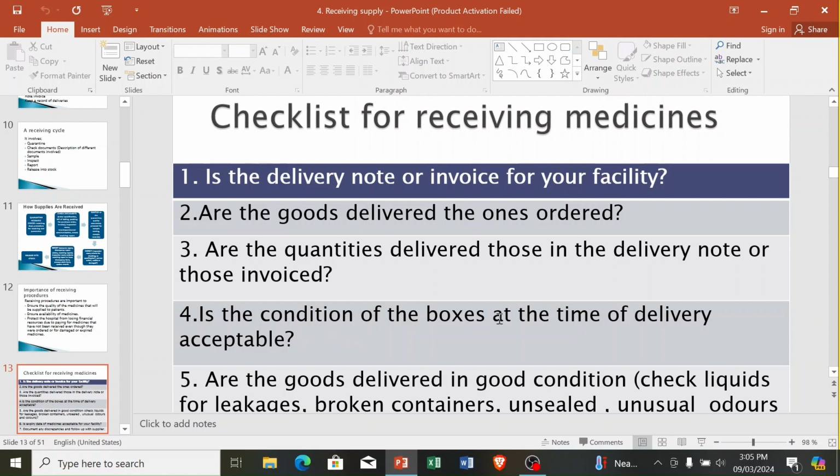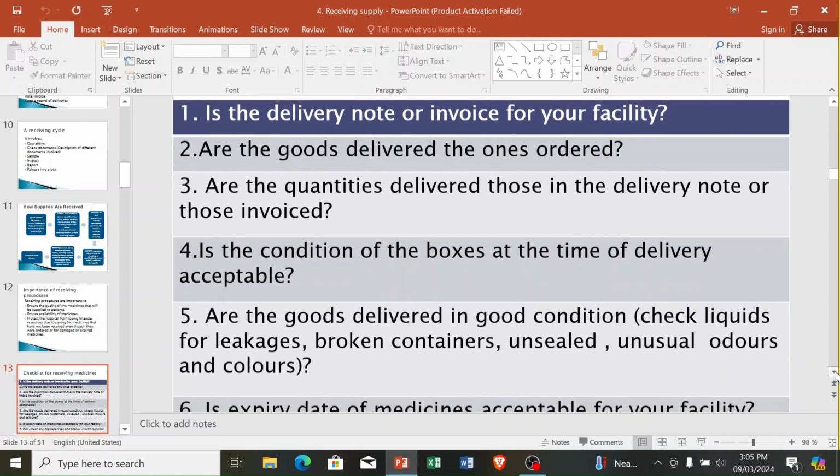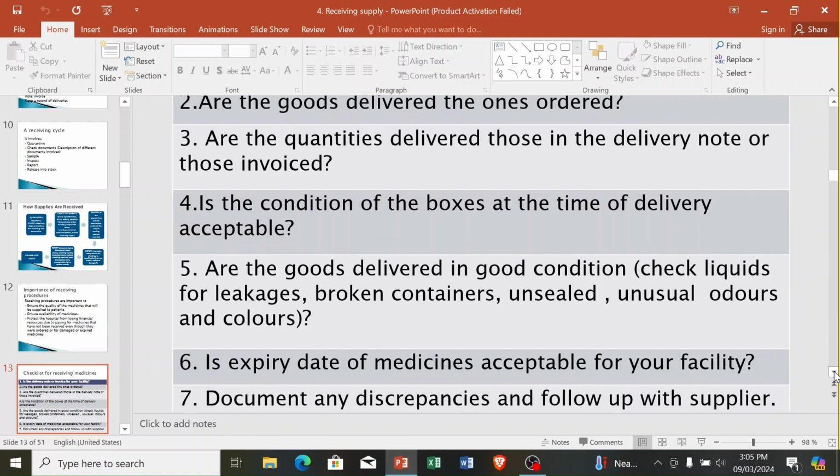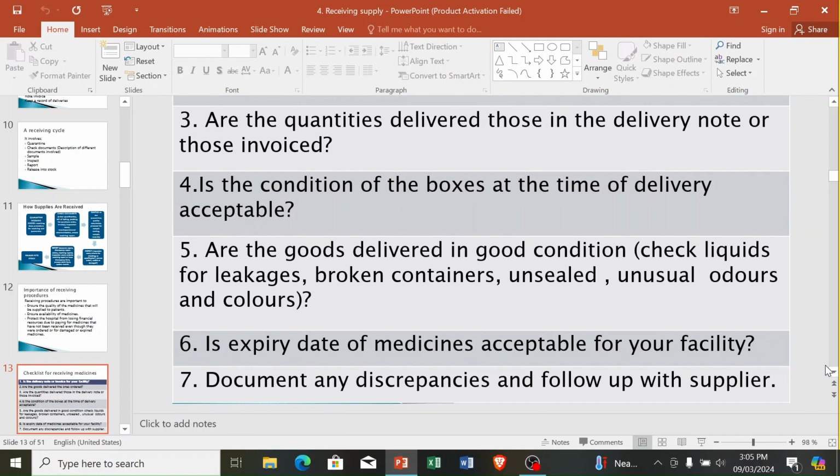Is the condition of the boxes at the time of delivery acceptable? If not acceptable, you put no. Are the goods delivered in good condition? Check the liquids for leakage, broken containers, unsealed or unusual odors and colors. Like there are some medicines or syrups or solutions whose colors are known.